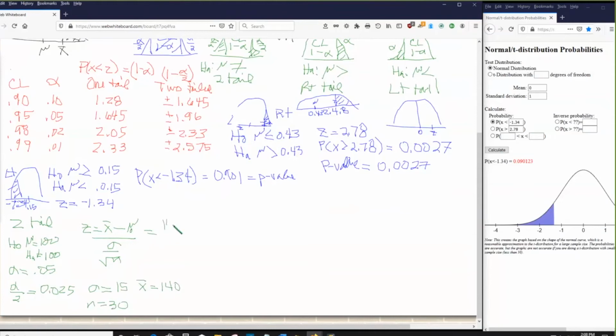So that's 140 minus the population mean of 100, divided by 15 over the square root of 30. When I do all of that calculation, that's going to give me 14.6 for my z-value. And then I'm going to plug that in to get my p-value.